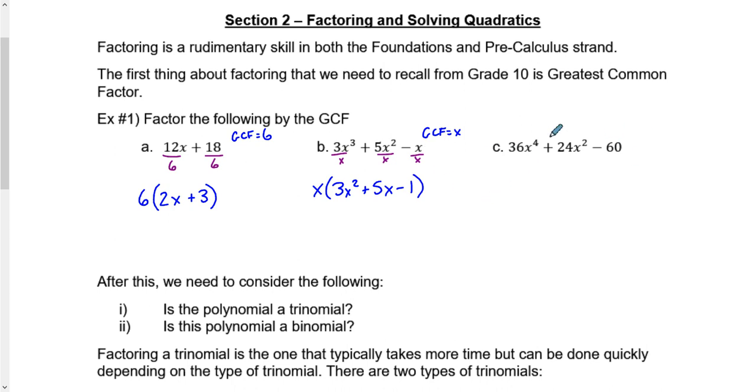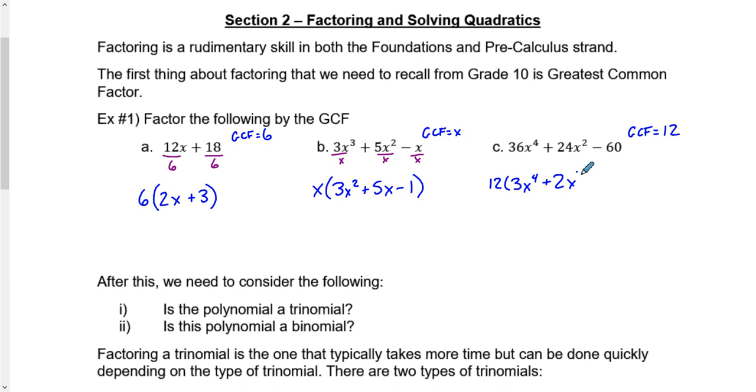And our last one, our greatest common factor, looks like it's about 12. There is no x in this 60, so we can't factor an x out. But when we factor the 12 out, 36x to the power 4 divided by 12 is 3x to the power 4.